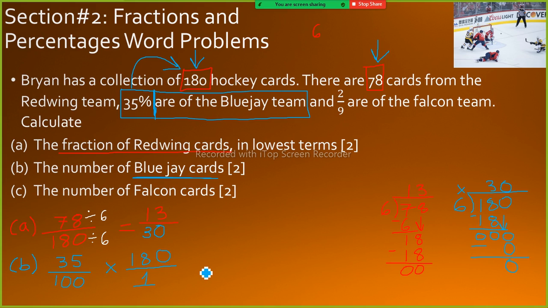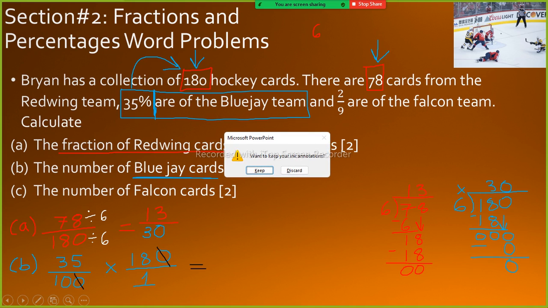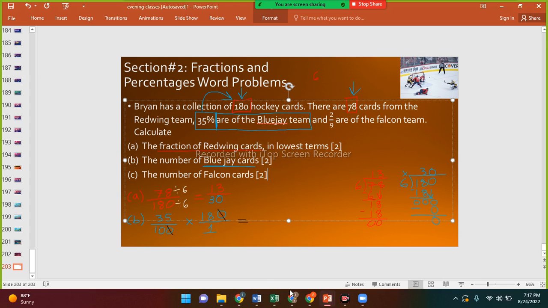So this 0 cancels out with that 0, right? And so it's going to be equal to 35 times 18. What is 35 times 18? Go on our calculator and figure that out. 630.